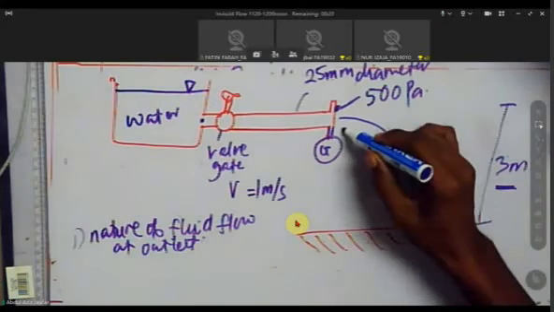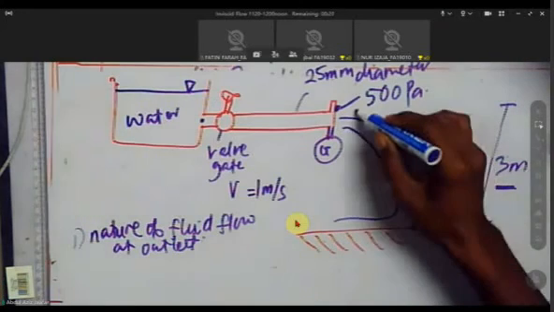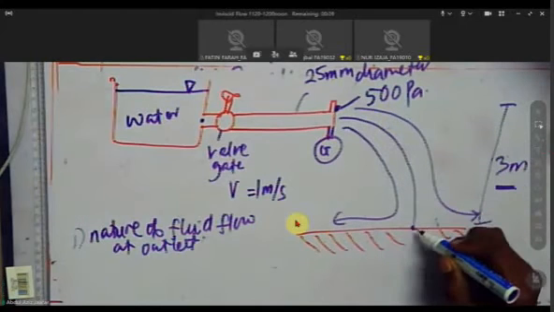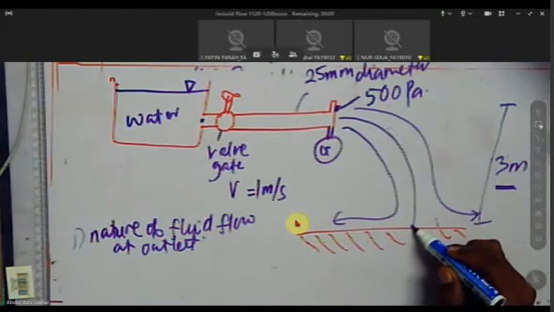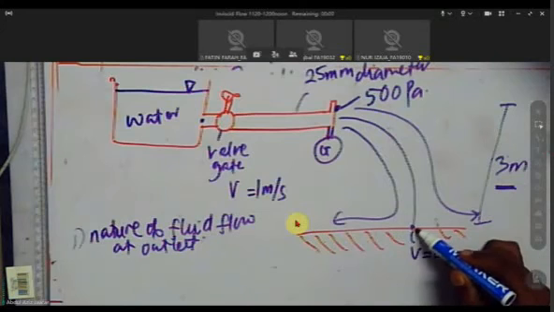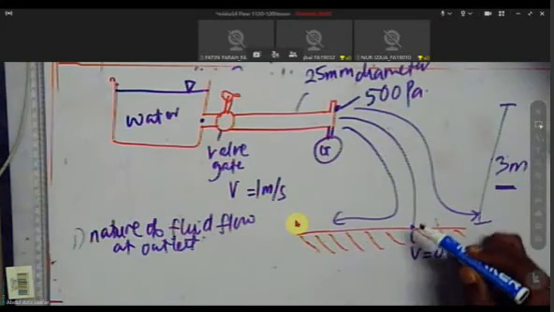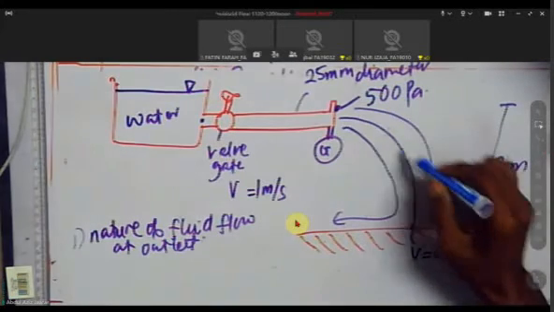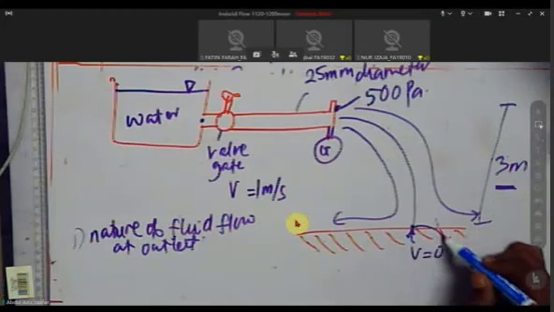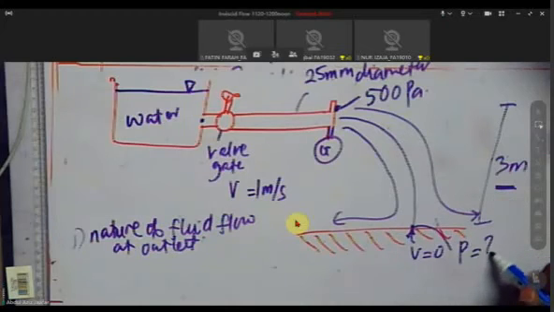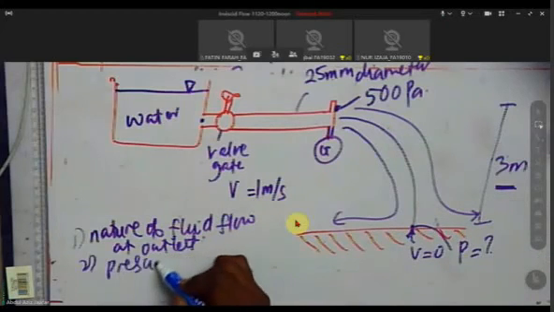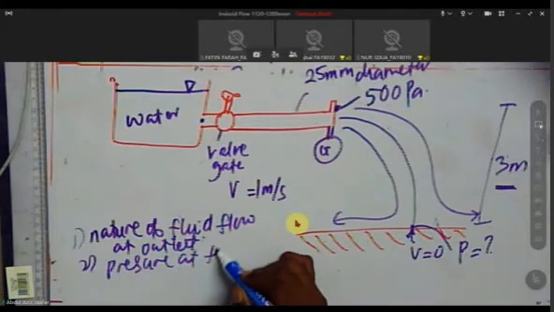In this water tank, we have a valve, and then we have a pipe. And we fill this system with water.